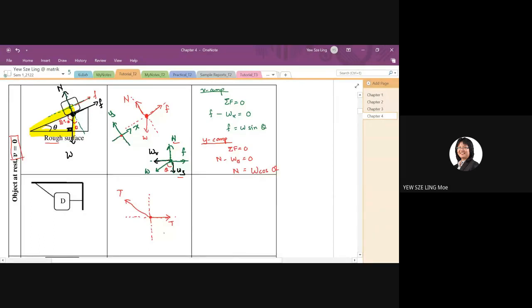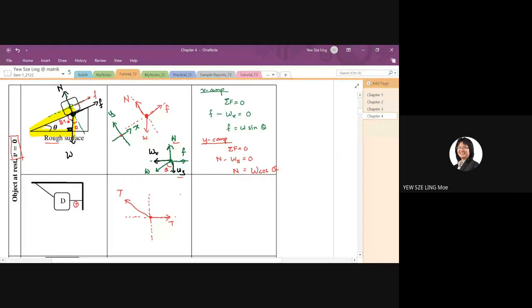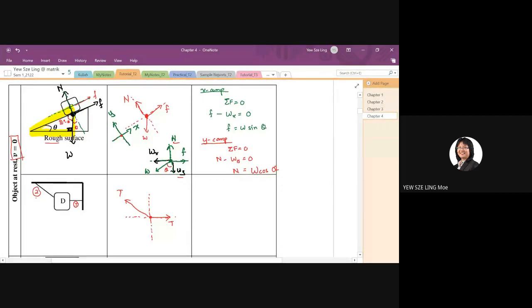Why? Because you are looking at two different strings. You have string number 1 lying on the x component, and string number 2. Therefore you need to add a subscript. Without a subscript is also considered wrong, because you're assuming both of them have the same magnitude.